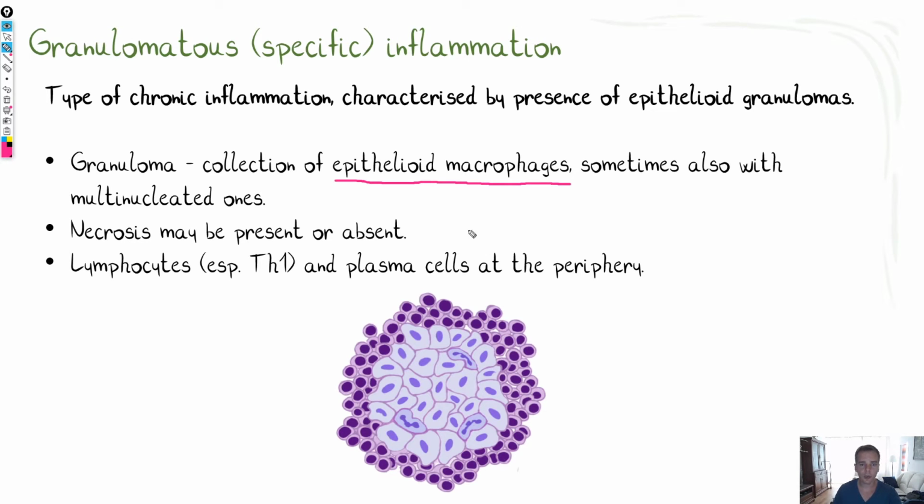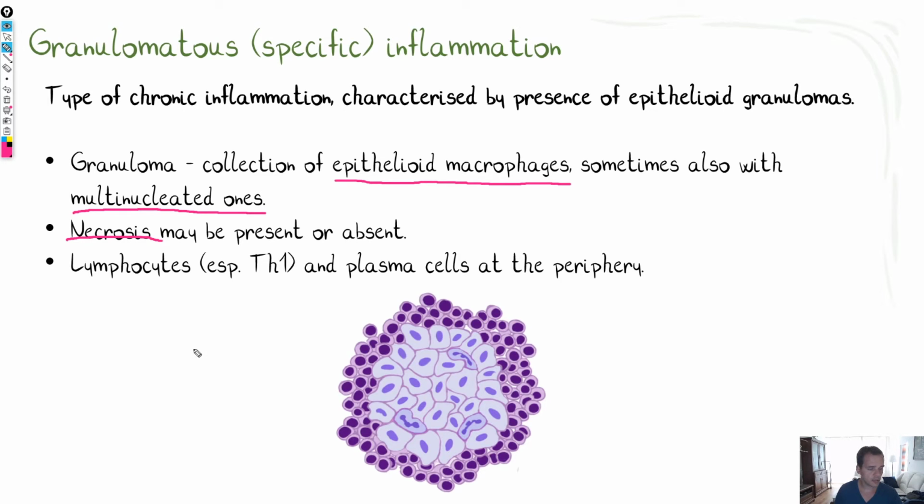And sometimes we can also see multinucleated macrophages, which means that the macrophages join forces even further and create a syncytium. Some diseases can develop necrosis in the center of the granulomas.